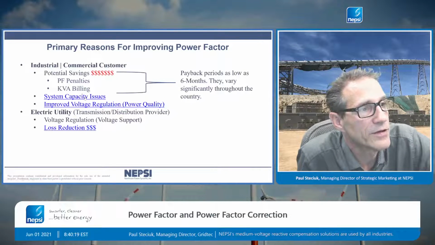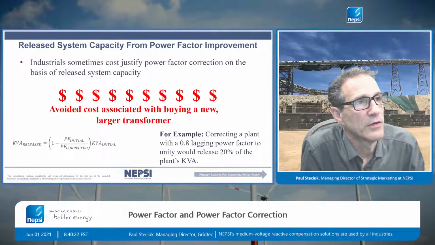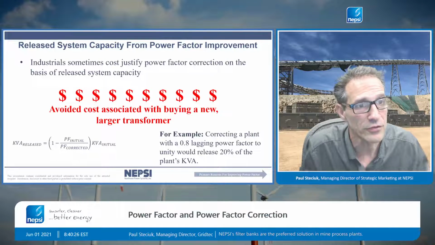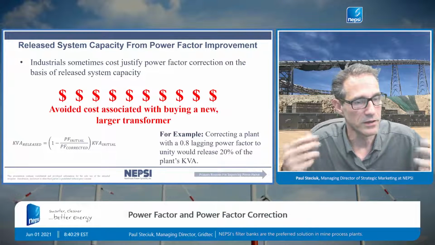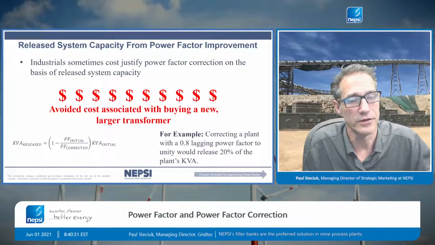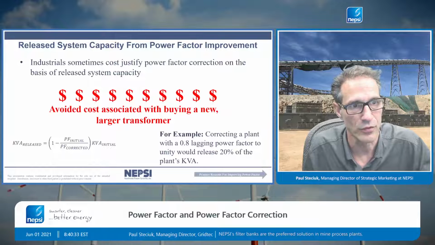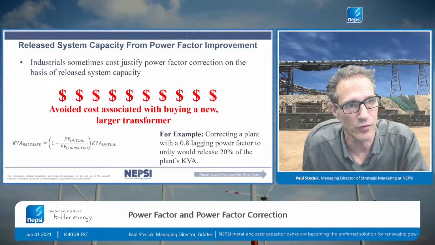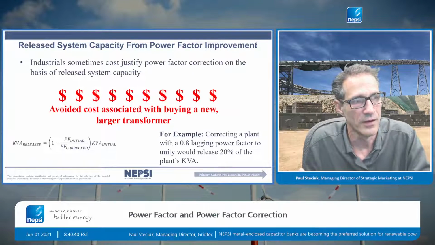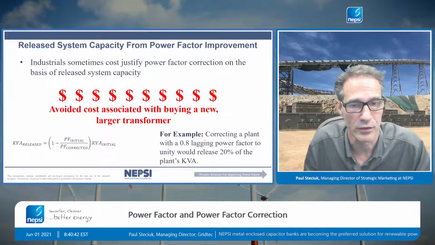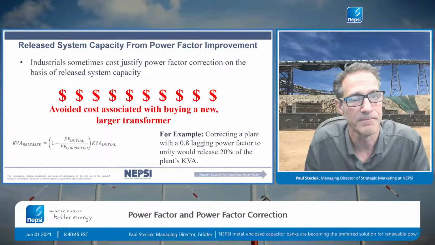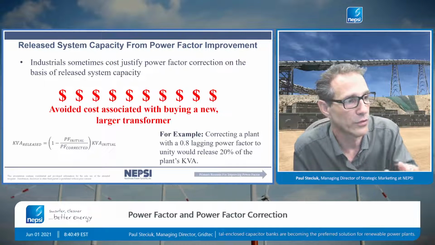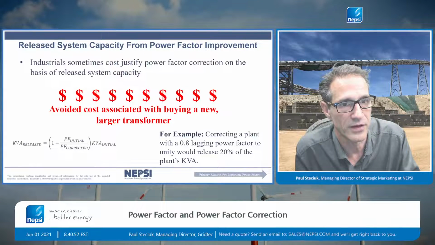System capacity issues, and oftentimes we will sometimes get phone calls where an industrial customer keeps expanding, he's growing, and at some point the industrial customer is forced with saying, well, if we want to do another expansion, we need to put in a larger transformer because we maxed out our transformer. Well, some company like us might come along and say, well, your power factor is 0.8, and if you correct your power factor to 1.0, we could release 20% of the kVA of your transformer.